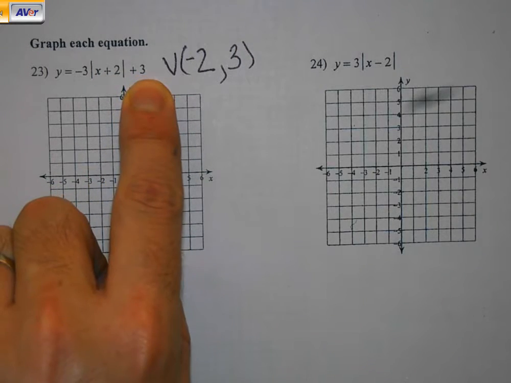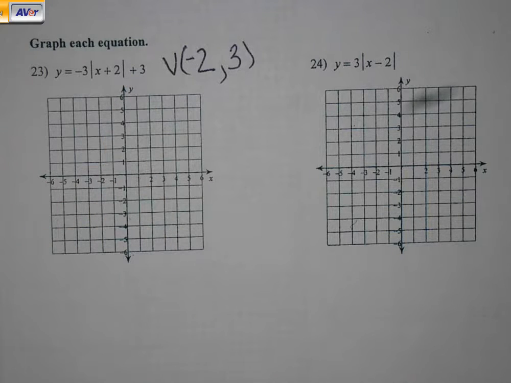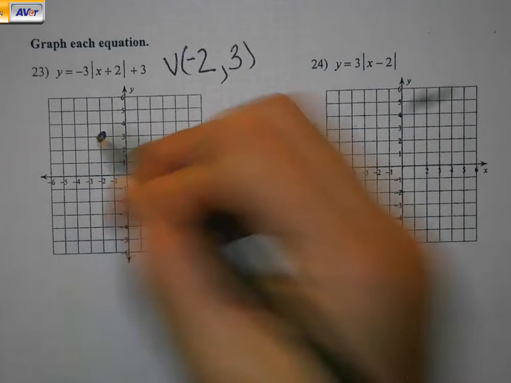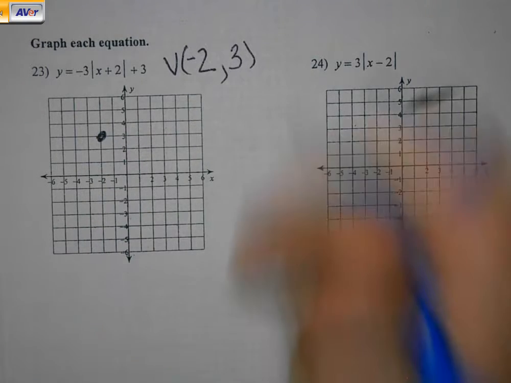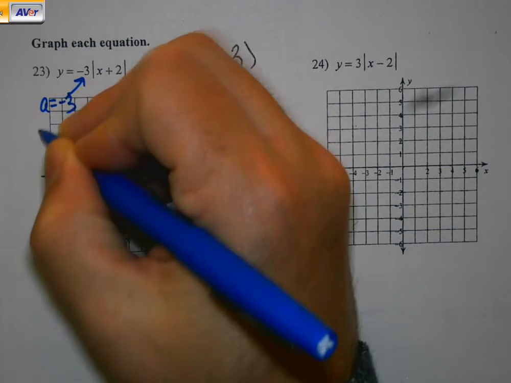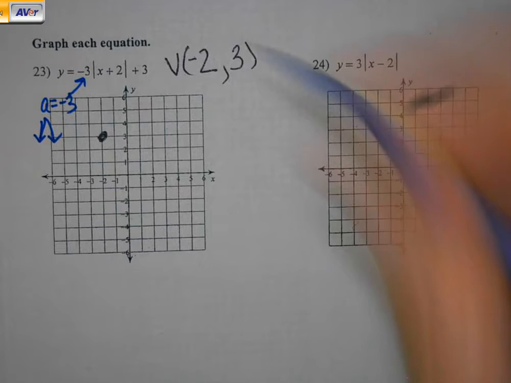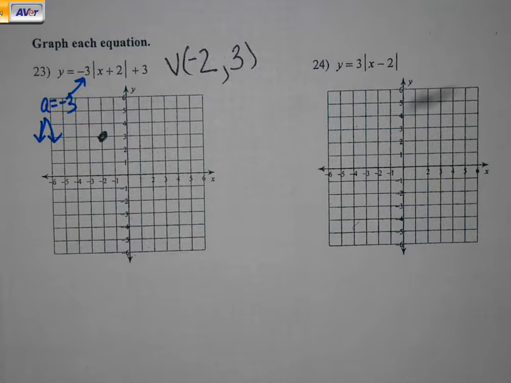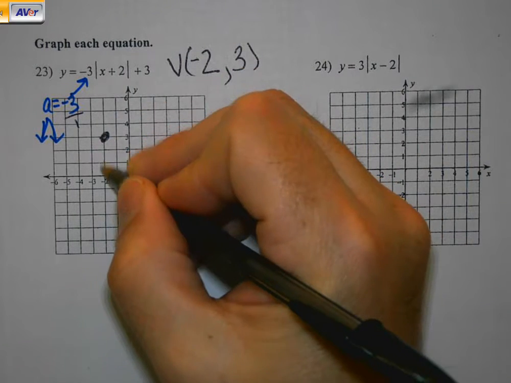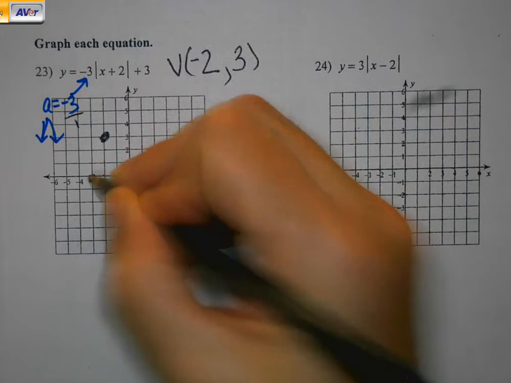Okay. If there wasn't a value in one of those places, we'd use 0. So -2, 3. This time is a -3, which means we're going to be opening down. So I know my V is going to be down. But it also means my little air quote slope is down 3 and over 1 in each direction.